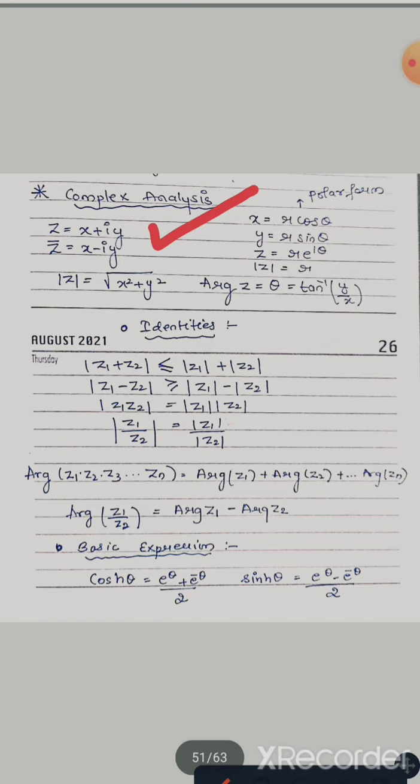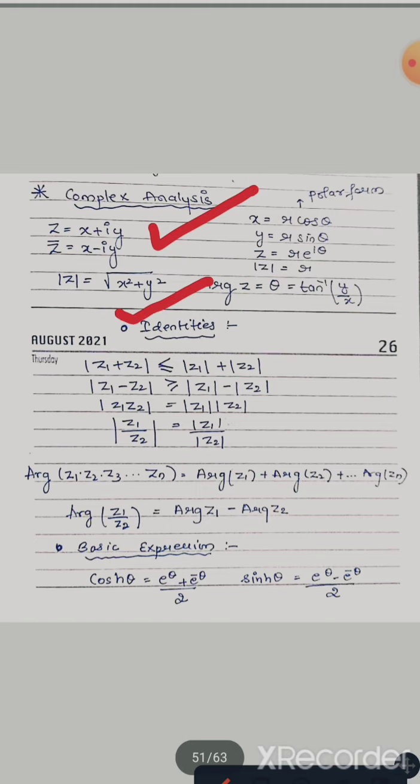i is the imaginary unit, where z bar is the complex conjugate, where z bar is equal to x minus iy. Okay, and the modulus of z is root of x square plus y square.